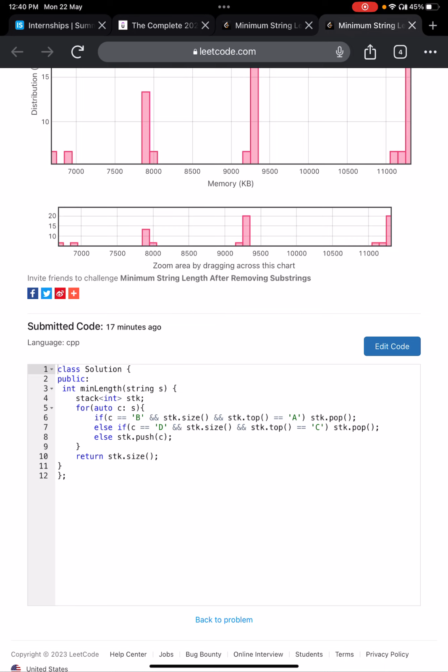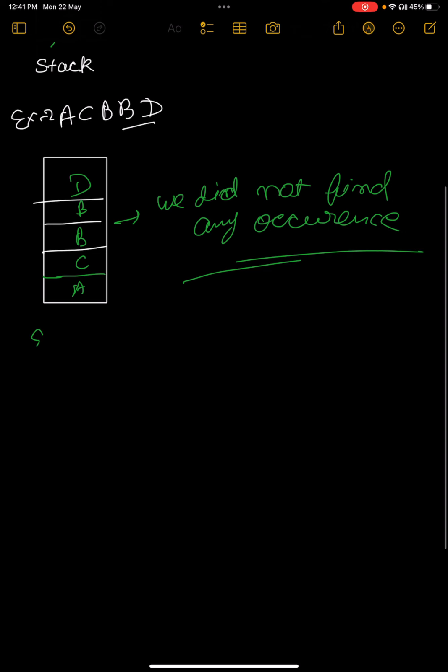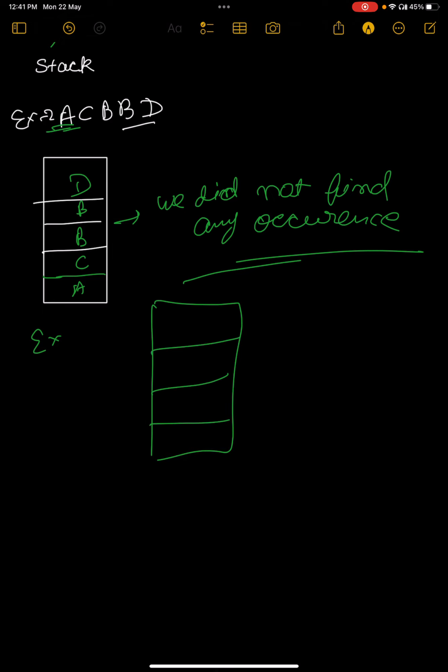And why do I write the stack size check? Consider the edge case: if I push A, my stack is initially empty, right?